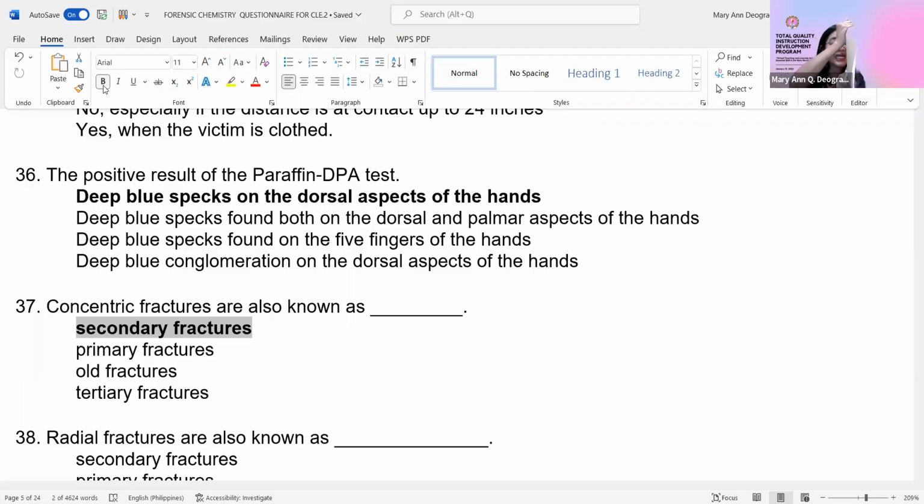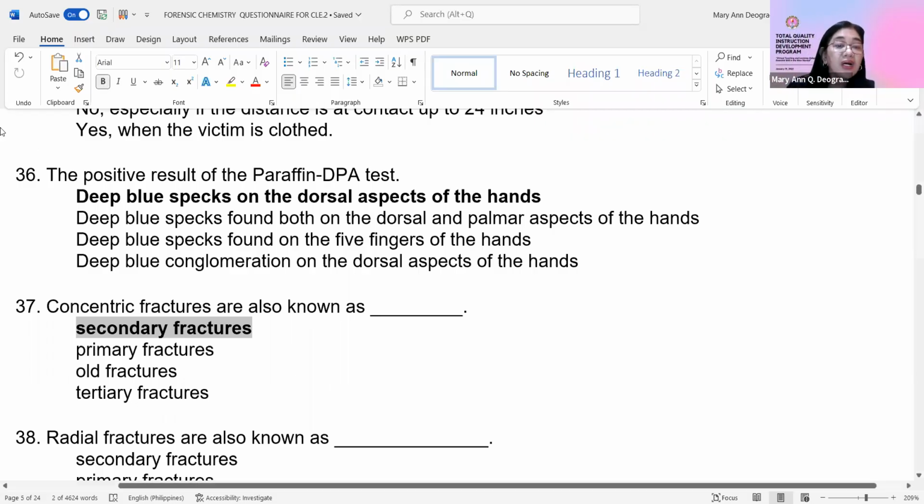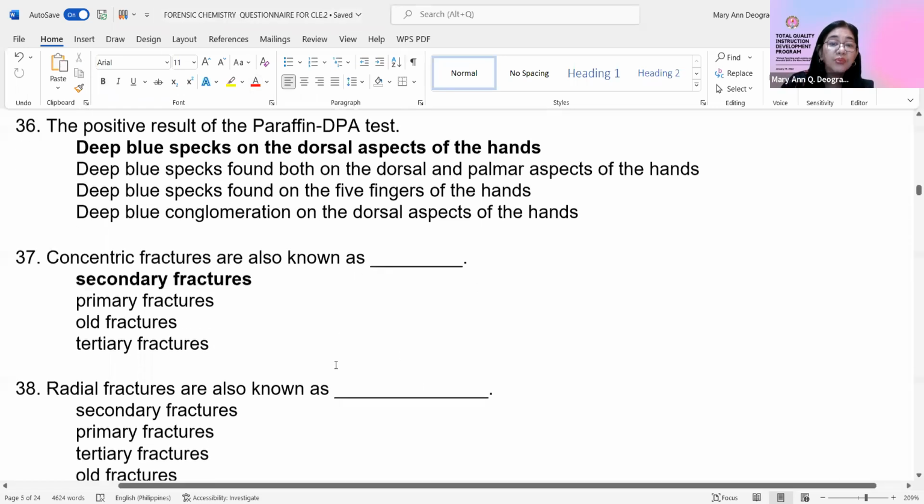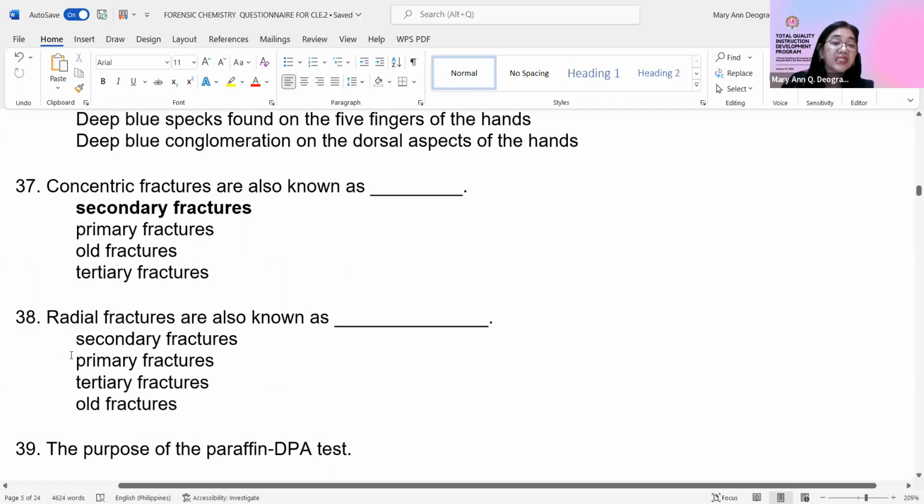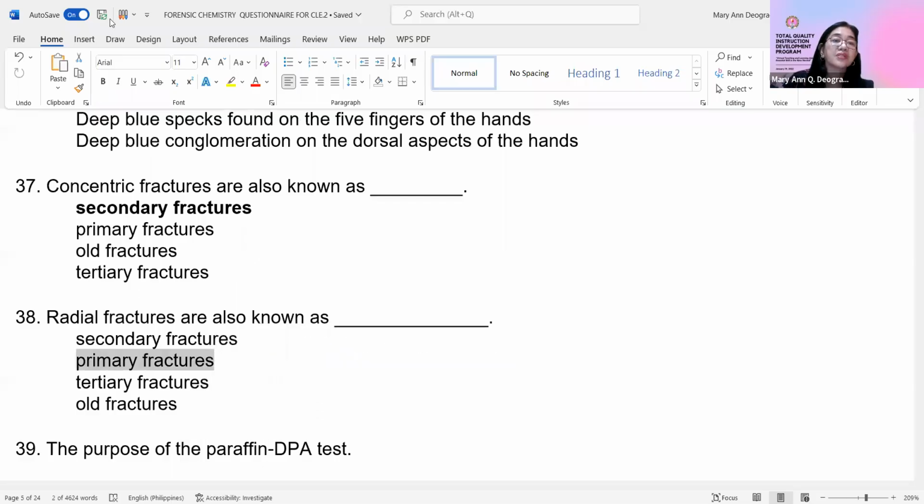So pag nag-straight ng ganyan, that's the time that the secondary fractures, no, with a cobweb-like structure ay mabubuo dito sa harap where the impact was applied to the glass pane. So ito, concentric is secondary. Pangalawang fracture yan. Ang una talagang nabubuo sa glass is we have the radial, or these are referred as the primary fractures.